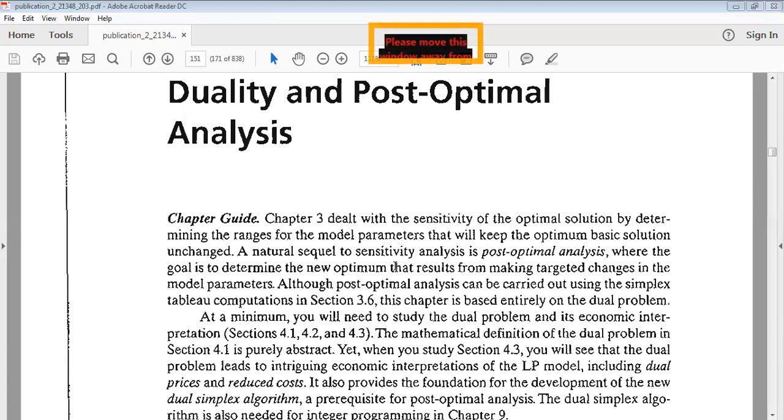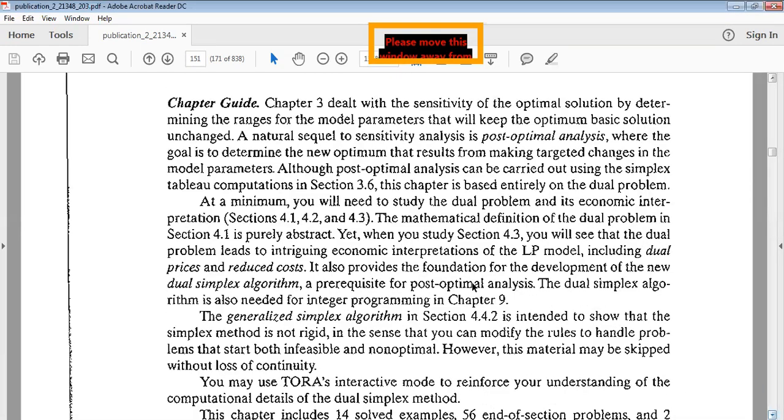So it's very important. It's one of the topics of this particular chapter.